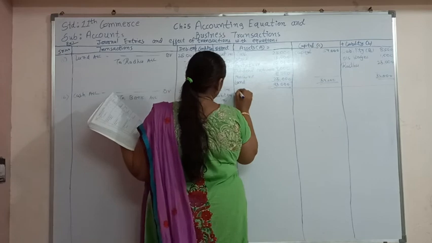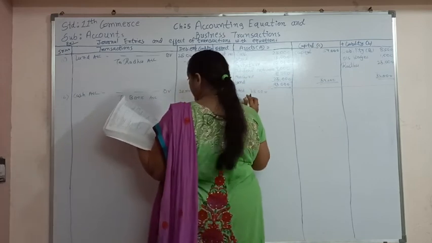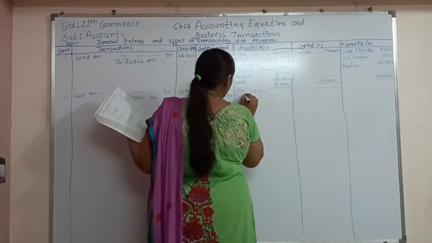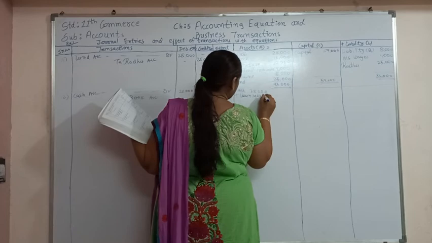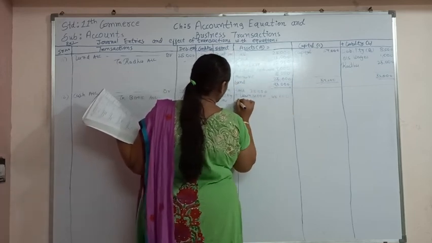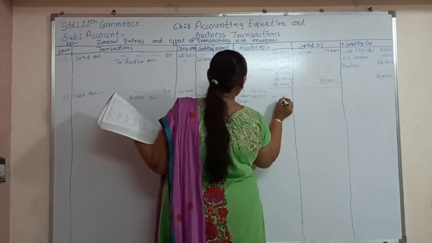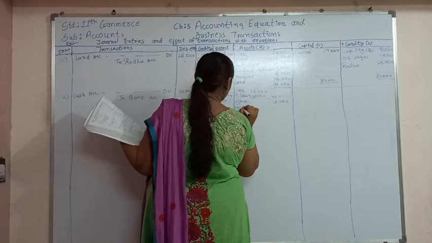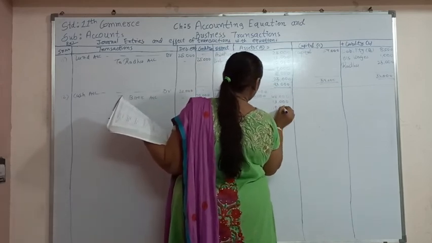So here cash account was of rupees 28,000 plus loan of rupees 20,000. So that will be 28 plus 20, 48,000. Then stock of rupees 13,000. Then furniture of rupees 10,000.